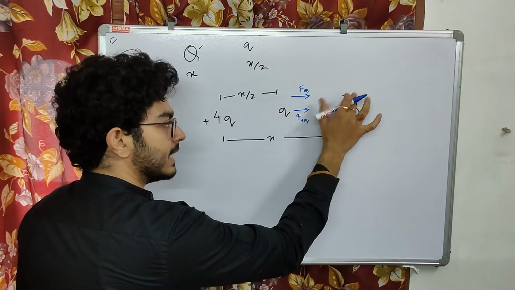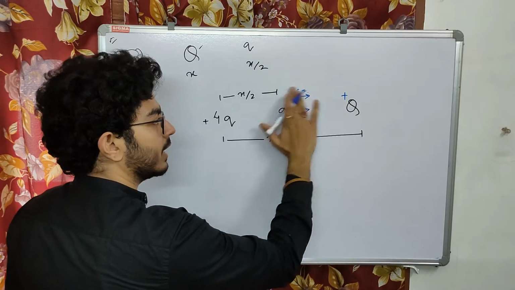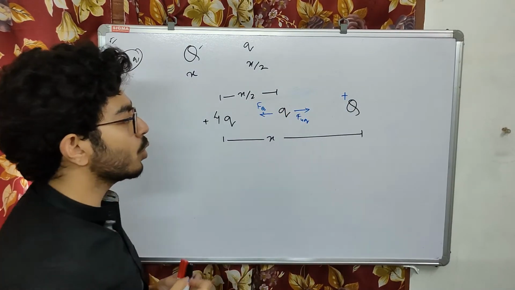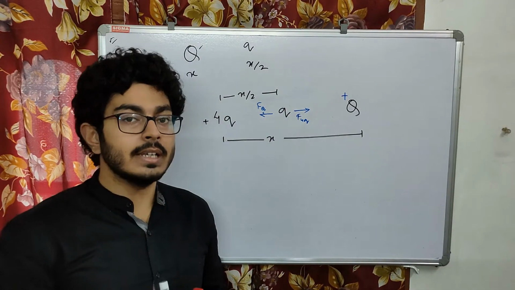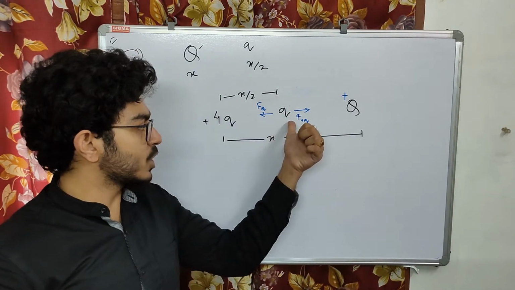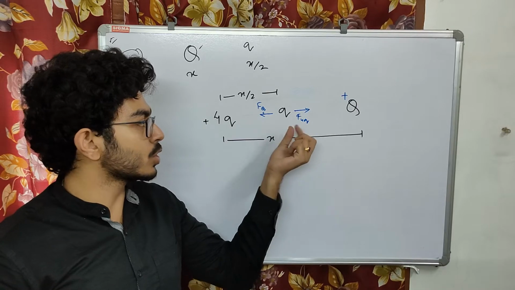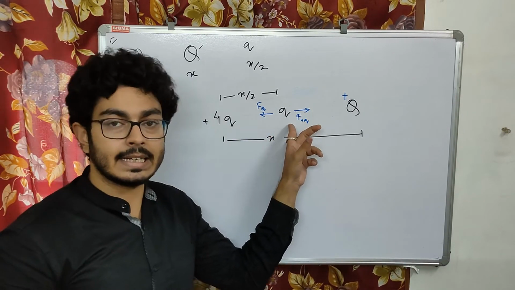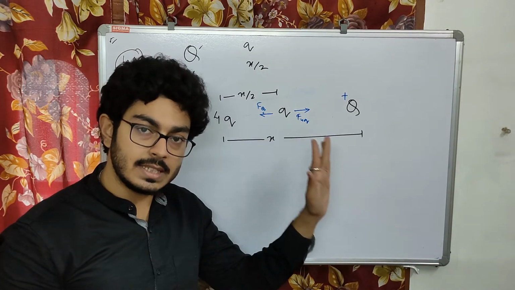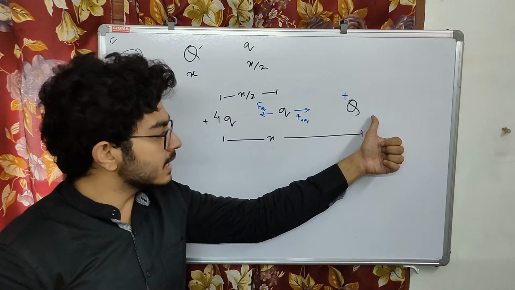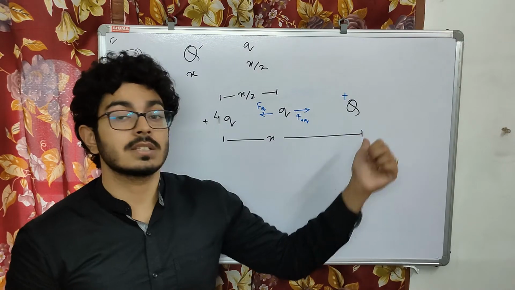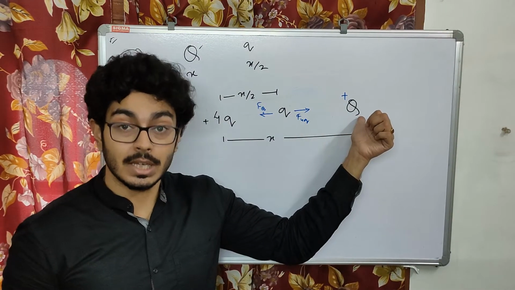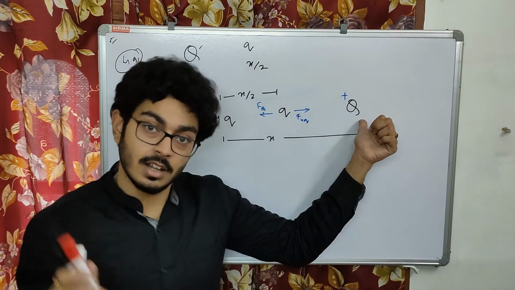But if you consider it positive, then the force must be in this direction. Then only is there a possibility of experiencing an equal and opposite force from both sides, so the net force can be 0. So it is clear that this Q should be positive in nature. Are you getting?